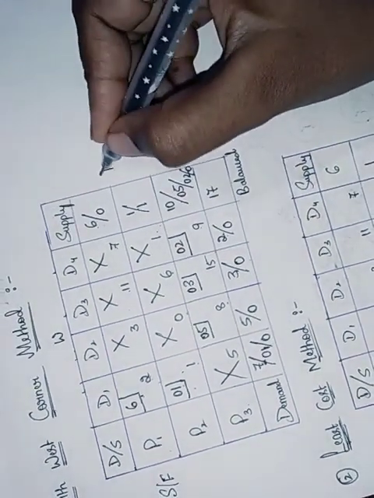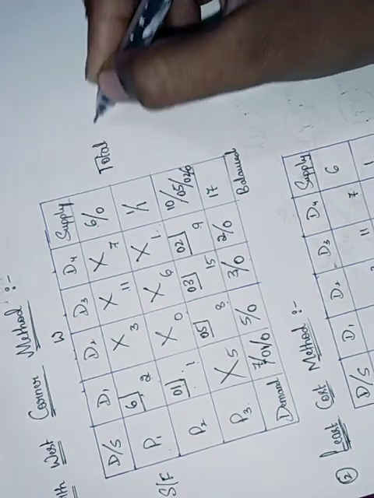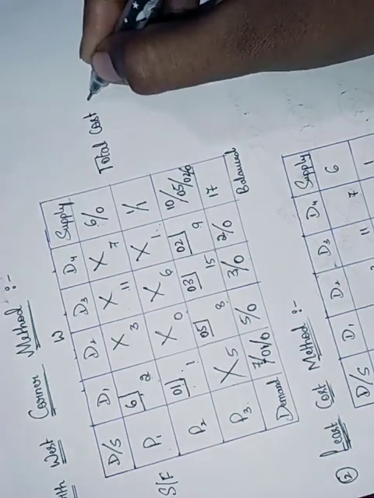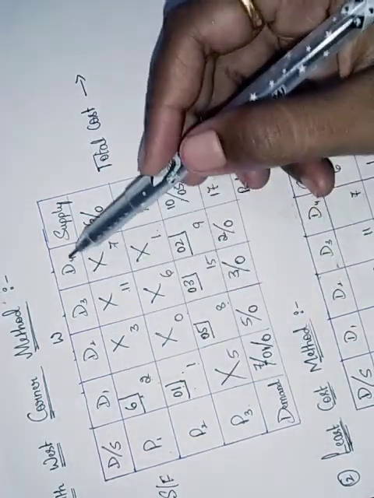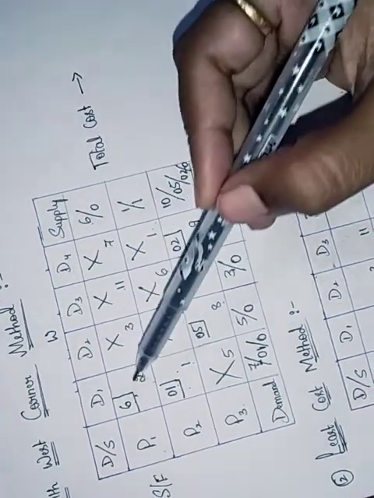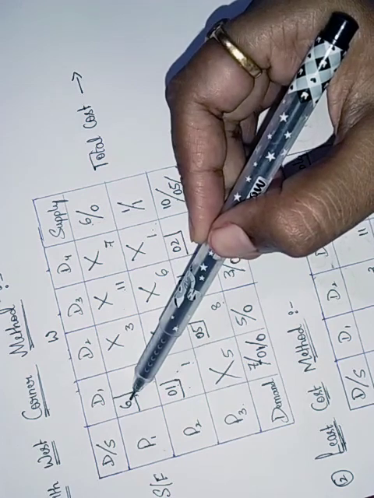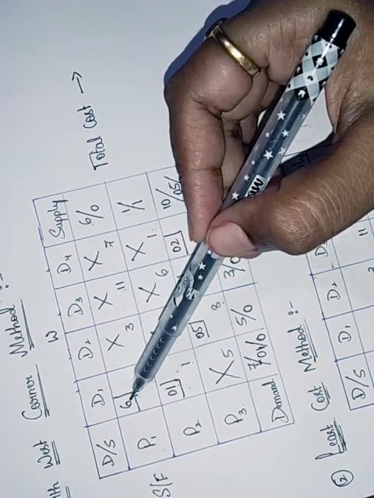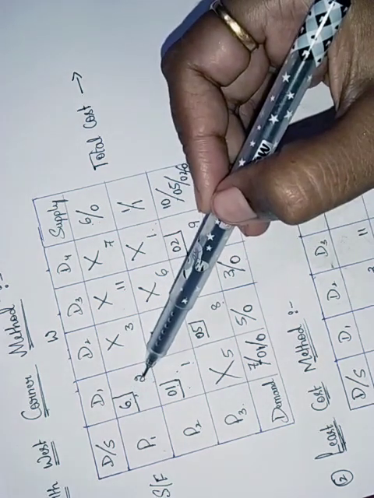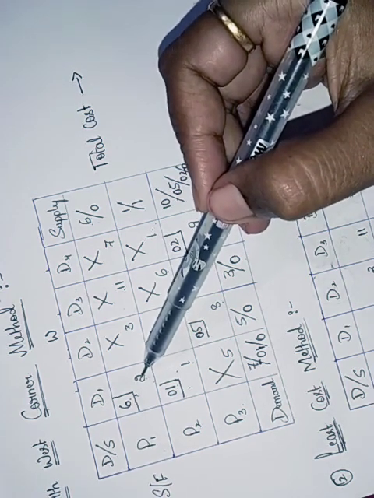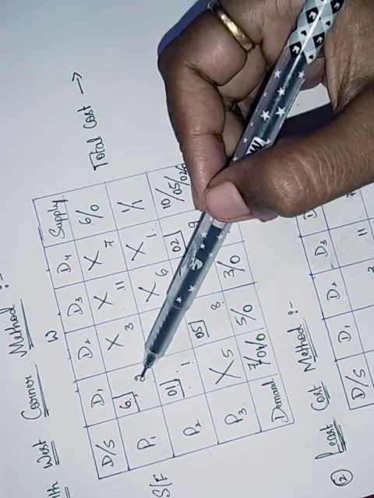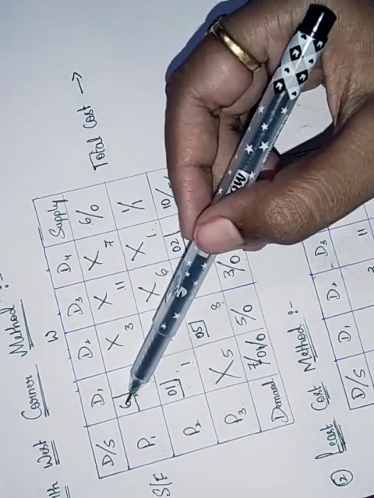At the last, we have to find out the total cost of allocating the units from 3 plants to 4 destinations. Now 6 represents units; I have allocated 6 units, and 2, as I told earlier, is the cost of transporting 1 unit.